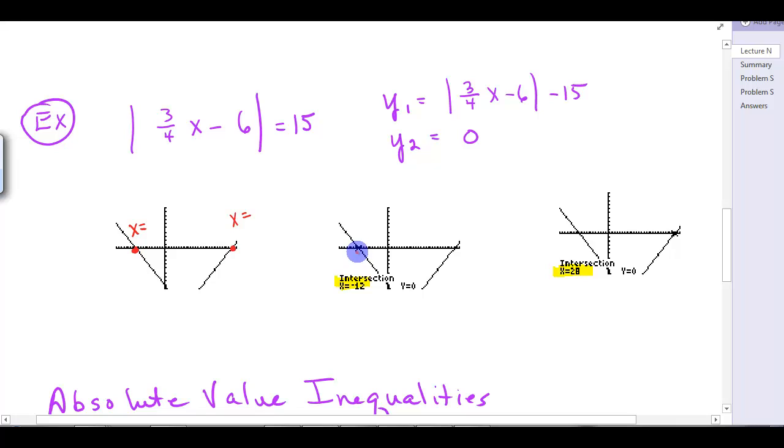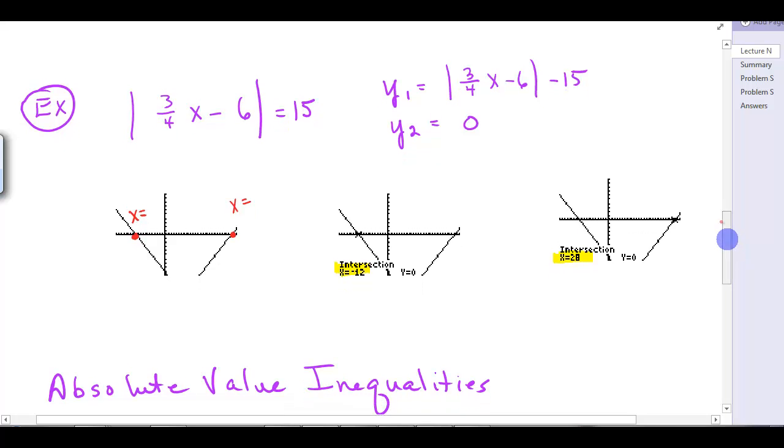You do it once, you get negative 12. You do it a second time, you get a positive 28. And those are your solutions. Okay? Negative 12, comma 28. Those would be your solutions.